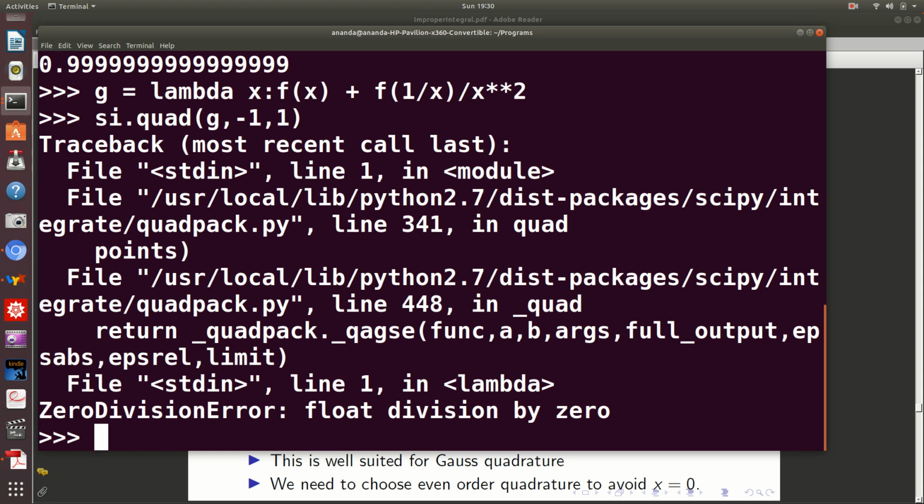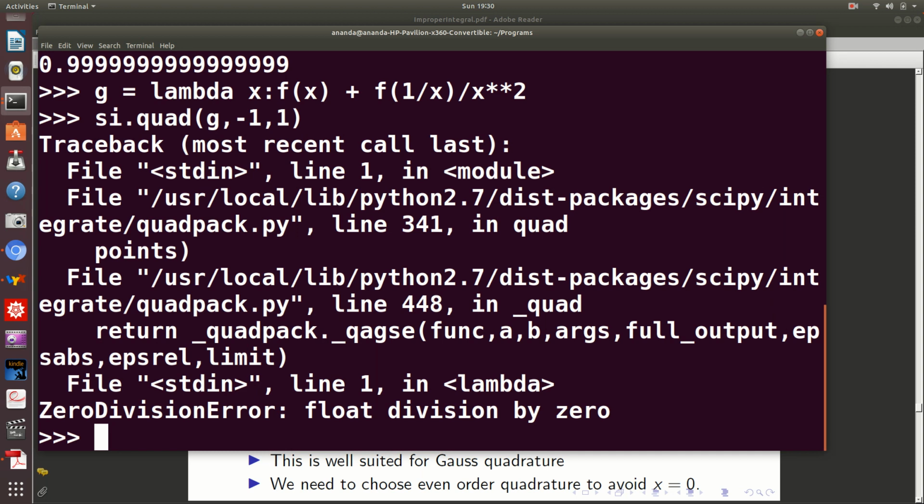This function has a divergence, well, not really a divergence, but a problem at x equal to 0, because of both the 1 by x, the argument of f that has to be calculated, and because you have to divide by x square, and that will cause a zero division error if you ever try to evaluate this function at x equal to 0.